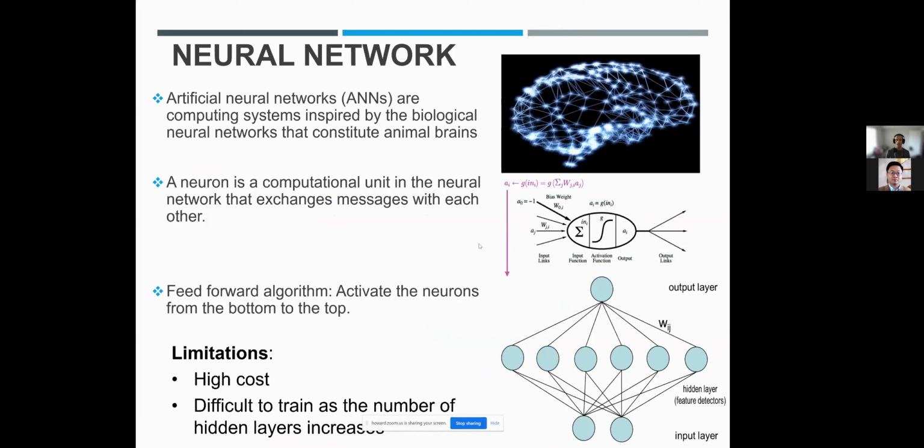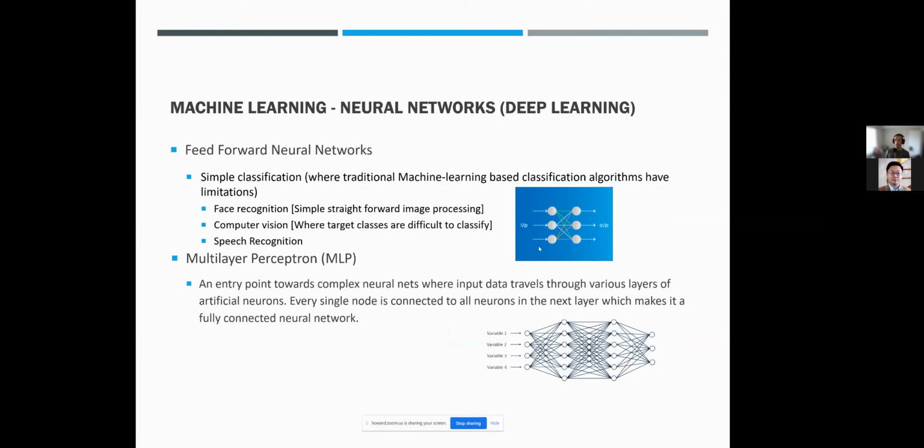They stem from ANNs, artificial neural networks, which are inspired by animal brains, not humans. That's what deep learning is. There are a couple of types of neural networks here: feed-forward neural networks and multi-layer perceptrons.